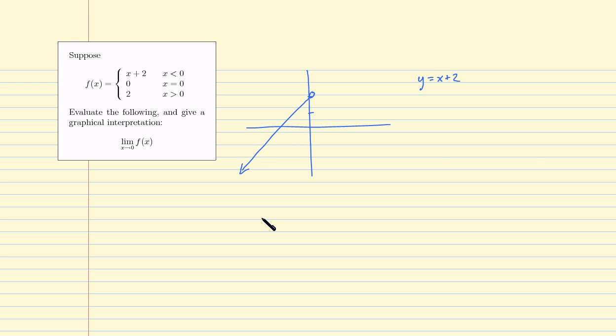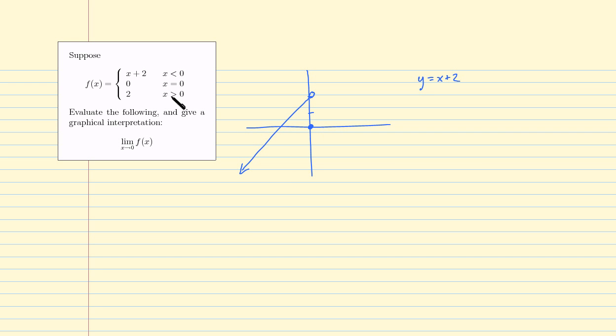Okay. This next piece, I know that my function will give me a height of 0 when x equals 0. Well, that's only a single x value, so it's going to correspond to a single point, namely at 0, 0. Okay, so I'll fill in a hole there.